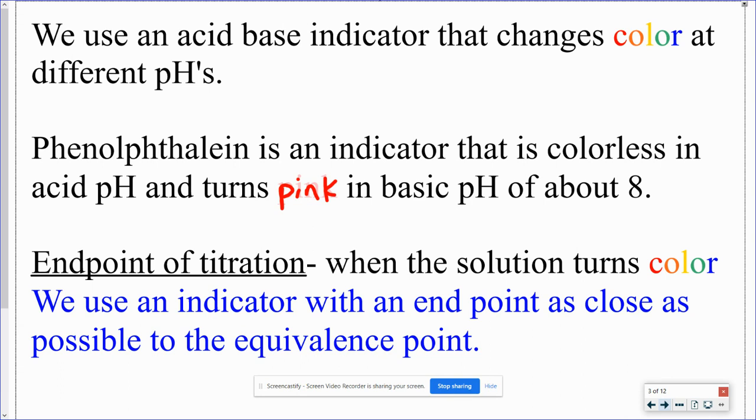So again, in that big jump, there's only maybe a drop, and you're going to go from a pH that's acidic all the way up to a pH that's basic. So just one drop, as many of you noticed, will make it change pink. And that's when you're at the endpoint, but again, we are going to equate that to the equivalence point.